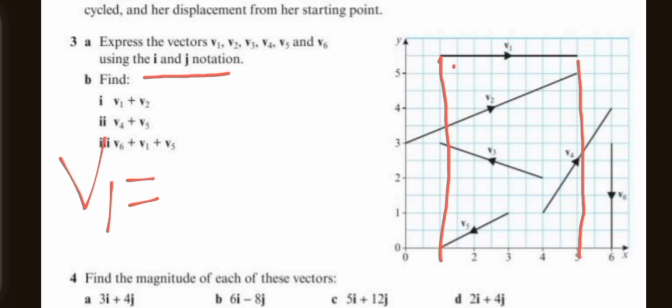So it moved 4i. And it didn't move in the y direction, so it's 0j. So we're going to write it as 4i.